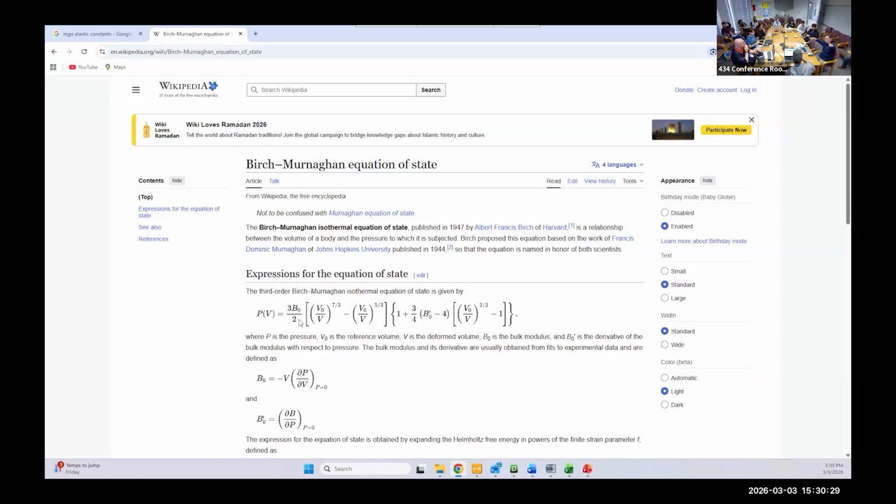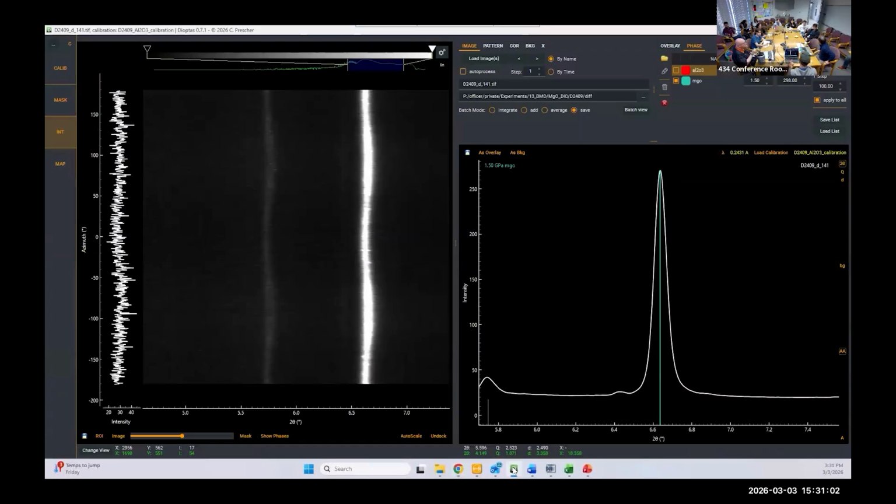You don't know the pressure, but you take the ratio of the room pressure volume and your measured volume at the unknown pressure, plug it into this equation, and you can calculate the pressure. This is what we call the equation of state. This is only at room temperature, but there's an equivalent high temperature equation of state, so you can calculate your pressure at any pressure and temperature.